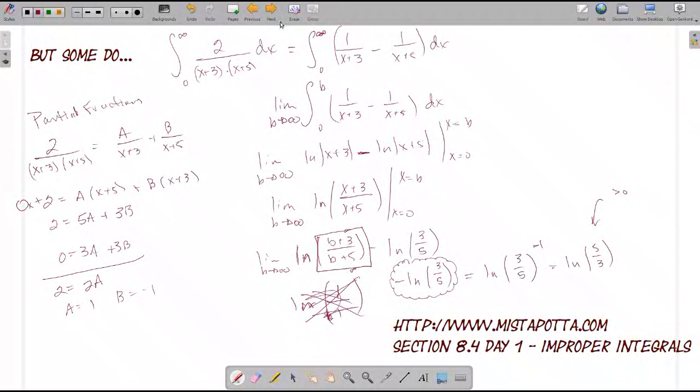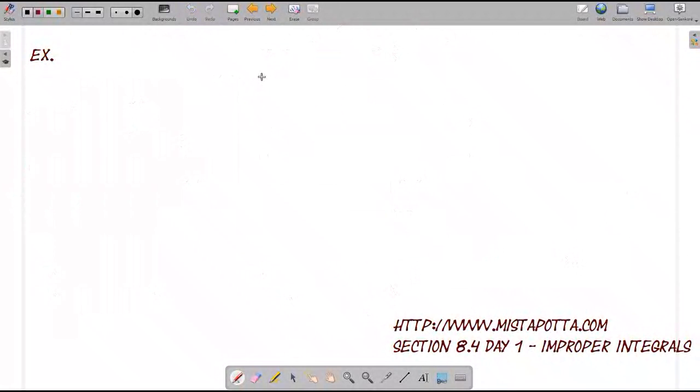I'm going to take a look at this example here. I'm going to give you the definite integral from radical 3 to infinity of 1 over 1 plus x squared dx.